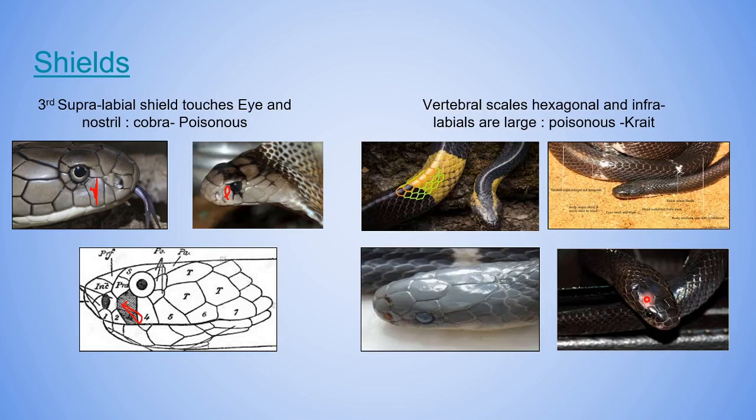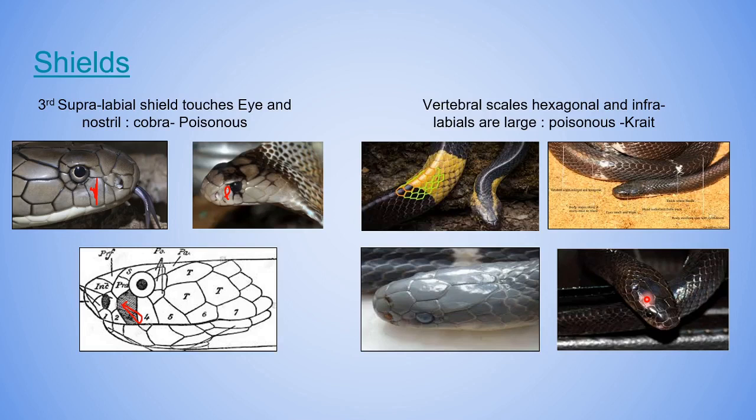The hood is more conspicuous in the case of the Indian cobra, which is the normal spectacled cobra, but it is not as conspicuous in the case of the king cobra. But the king cobra also raises its body from the surface, and it has a very small hood compared to that of the normal Indian cobra. So that is one feature by which we can identify a cobra.